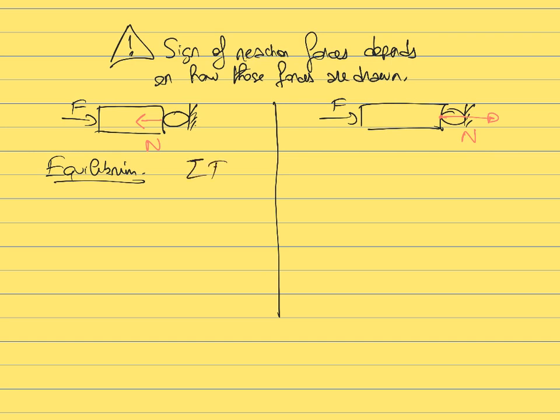So let's write the fact that the sum of the projection of the forces along X is equal to 0. So in this case, F has a positive projection along the X-axis, so it's plus F. Now in this case, I have drawn N as pointing towards the negative X, so its projection is negative N. And so the sum of F and N is equal to 0, which means that in this case, N is equal to F. So here we find that the reaction N is positive.